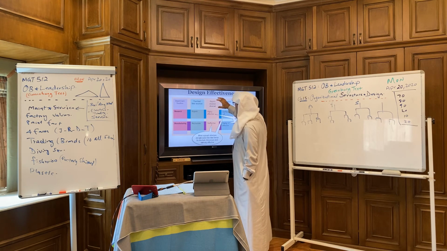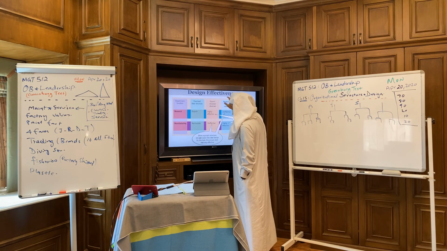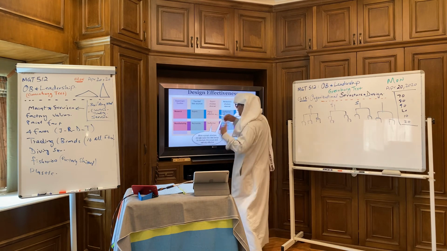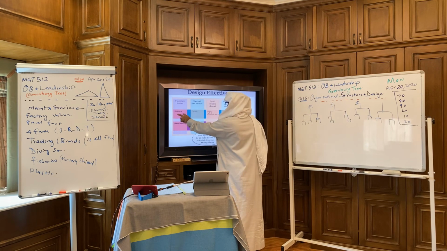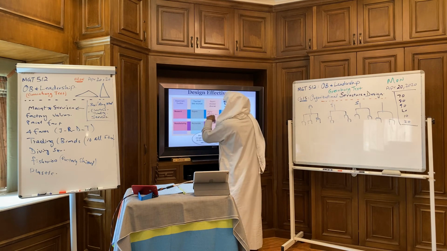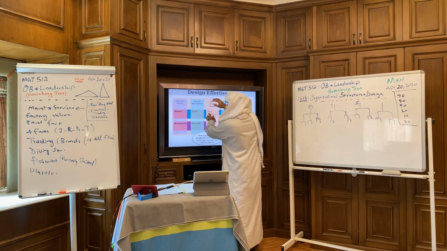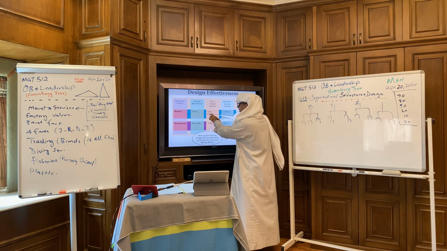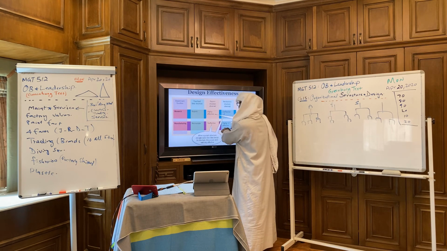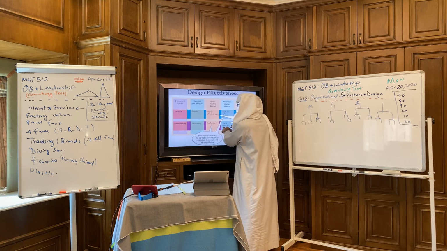Now, if you observe this organizational structure, notice that research will be highly effective if it is organic, and the same thing, manufacturing will be highly effective if it is what? If it is mechanistic.